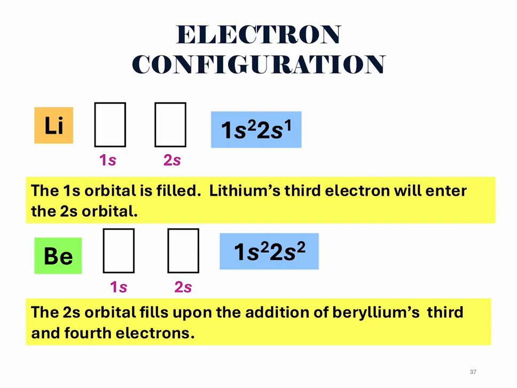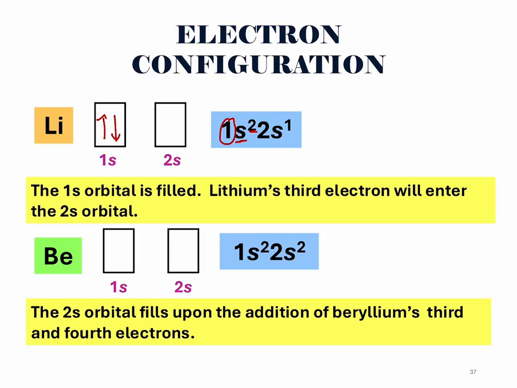So we first fill in the lowest energy level, which is the n equals 1 s sublevel that has 2 electrons. So we fill in 1, and then we have to fill in all the orbitals of this sublevel. There's only 1 orbital, so then we fill in the next electron there.